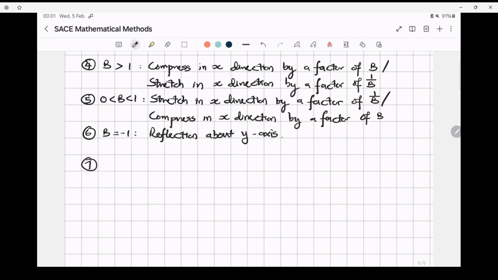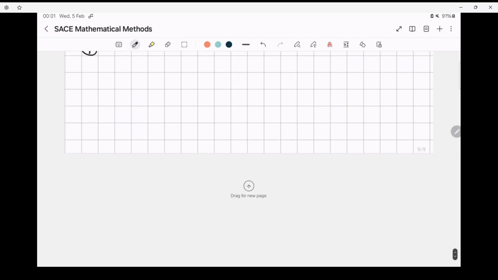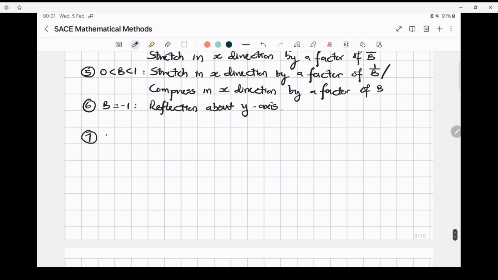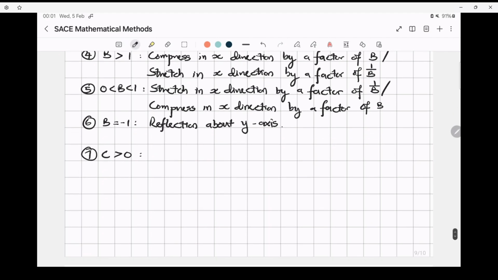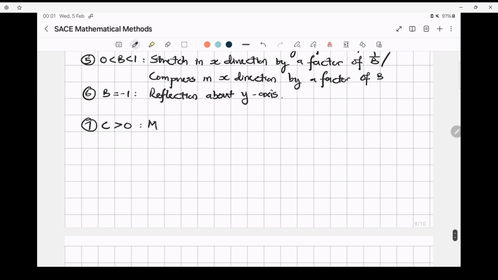So now let's look at c. If c is greater than 0, so c is inside the function, it means that you move to the left by c units. If c is smaller than 0, then you move to the right by c units.